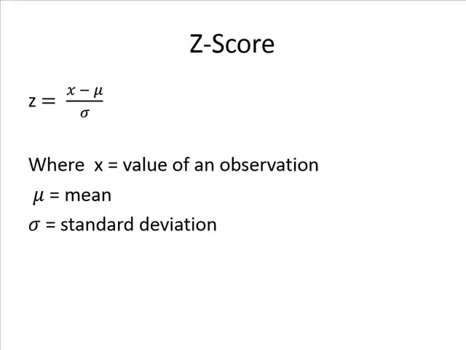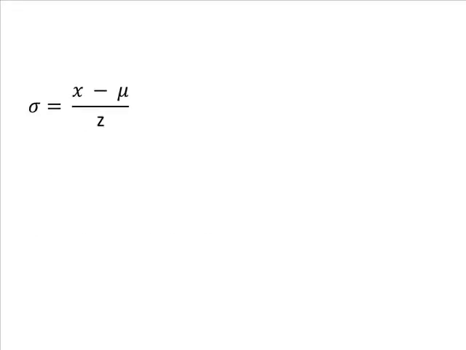And instead of finding the z-score for a known quantity, what if we had an unknown? What if we needed to change this equation around? Well, we can get to this. We can also rearrange this around so that we can find out maybe what our x needs to be.